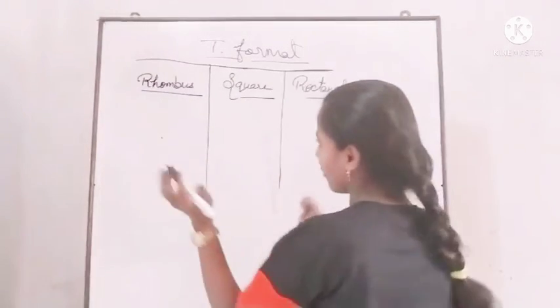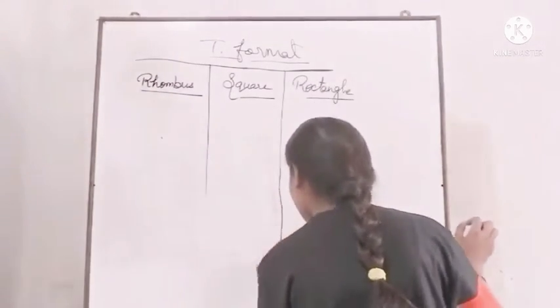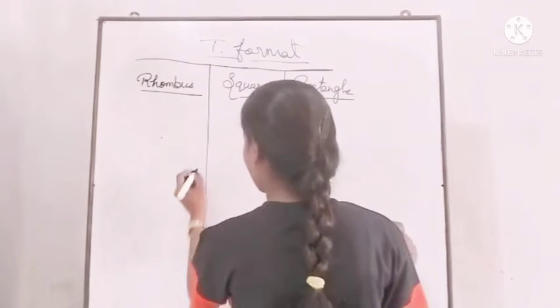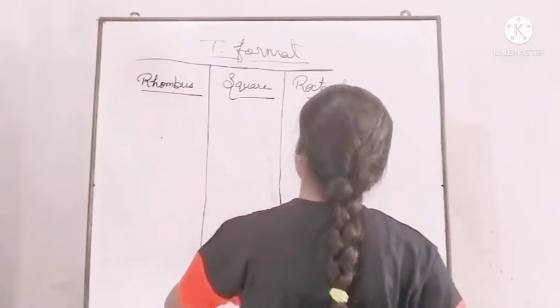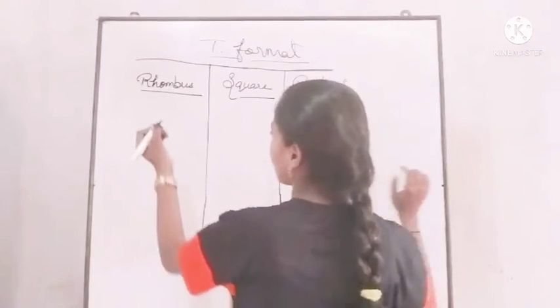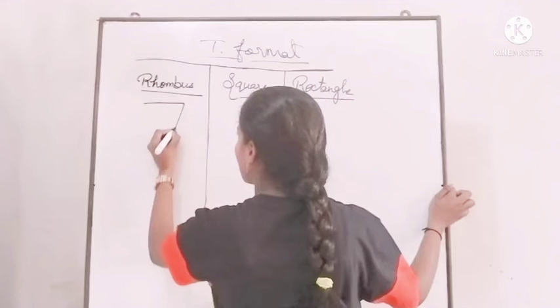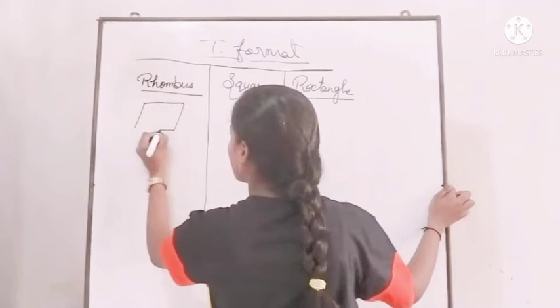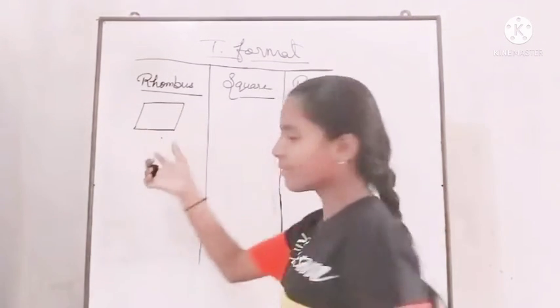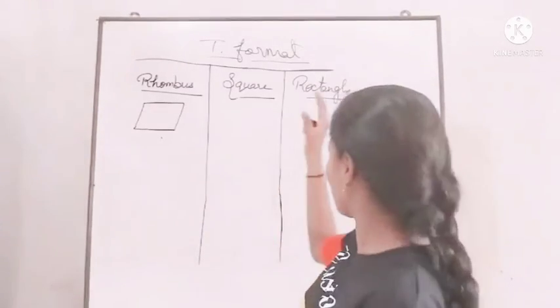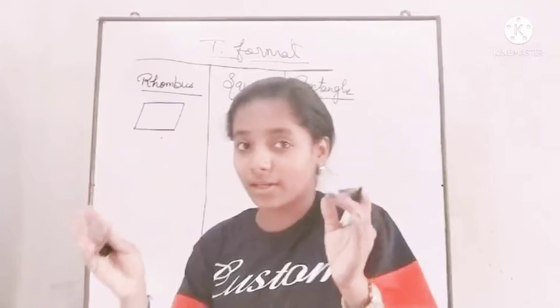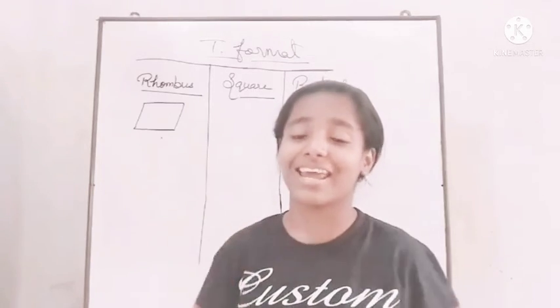Now let us draw the figures of those particular ones. Okay. So we have over here the rhombus. How does the rhombus look actually? Simple, like this. A complete square with some of the properties of a rectangle and somewhat tilted.